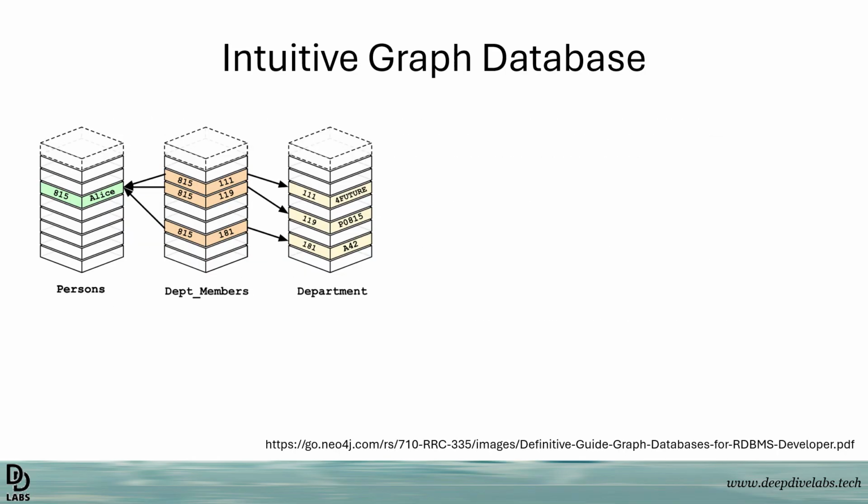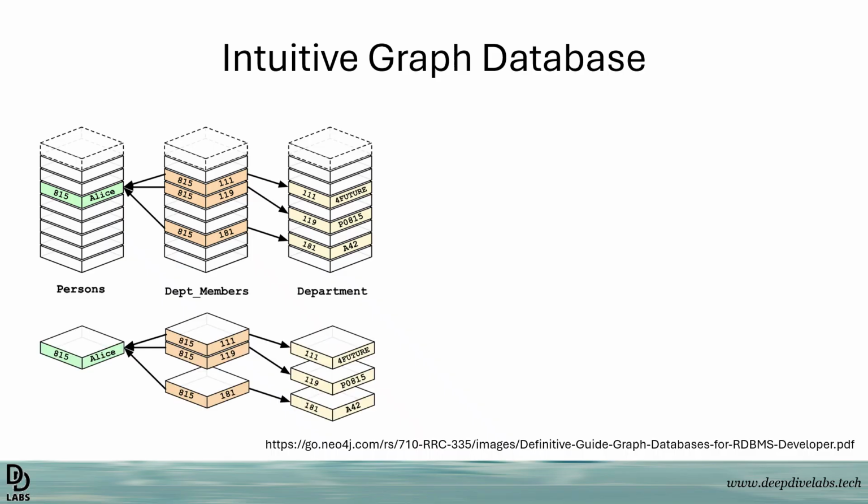In this slide, we are going to take a look at an intuitive graph database. Each node, the entity or attribute in a graph database model, directly and physically contains a list of relationship records that represents its relationship to other nodes, right? These relationship records are organized by type and direction, and may hold additional attributes.